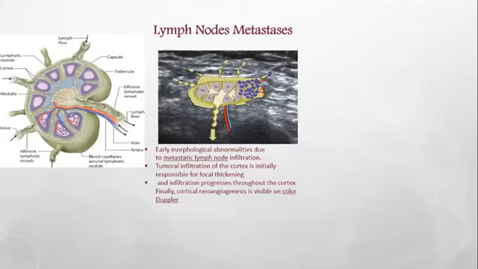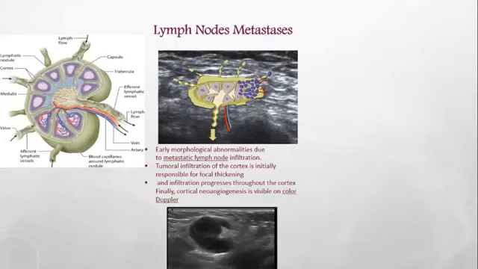So the morphology is more important in the evaluation of axillary lymph nodes or metastatic lymph nodes rather than only the size. Size is not a predictor. Also, we will see how Doppler can help us.